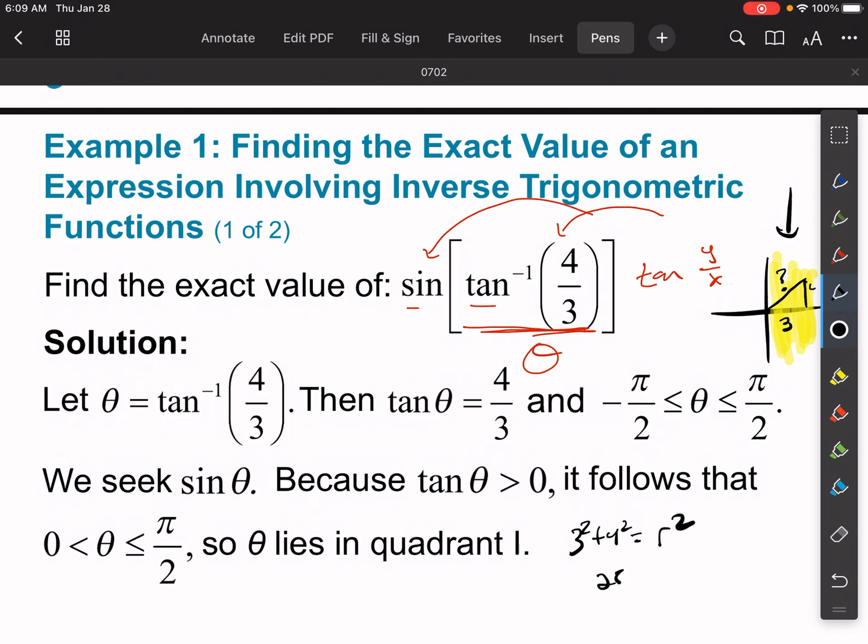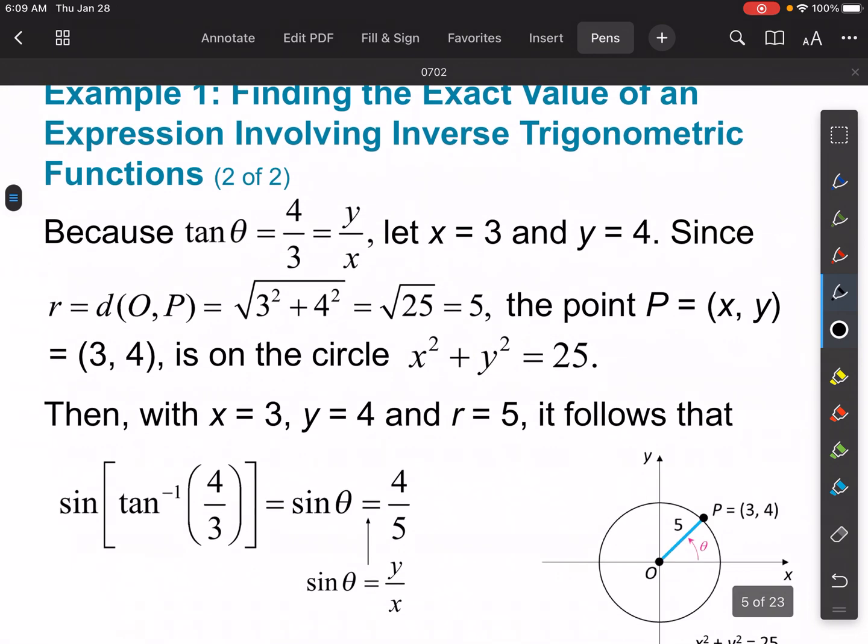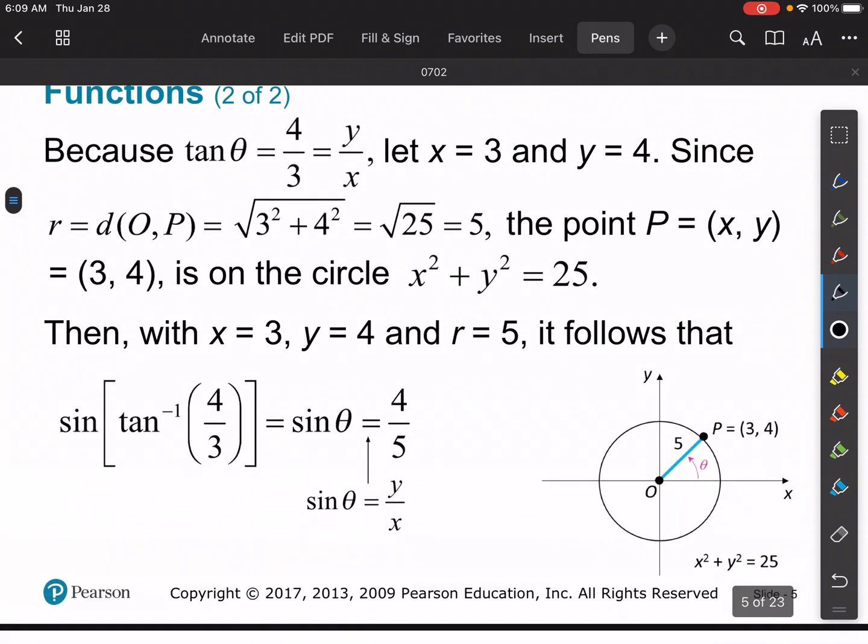That comes out to 25, equals r squared. So r is equal to 5. Once we know that, we can use that to help us define sine, because sine is simply y over r. That's what they're showing you on this next slide, where they solved and got 5.